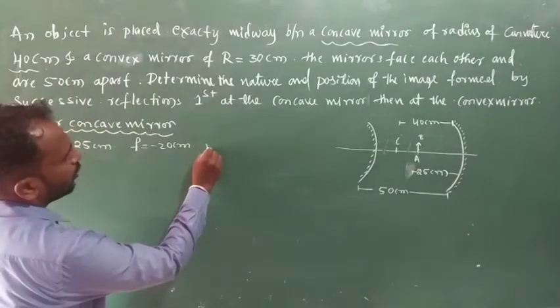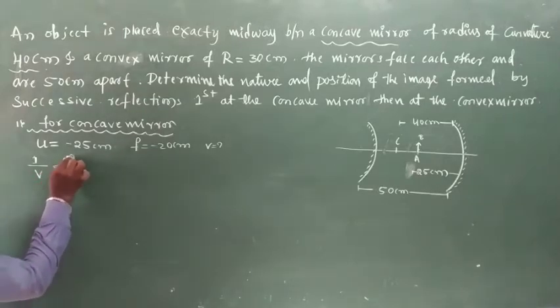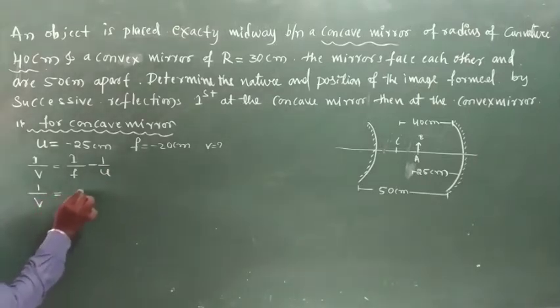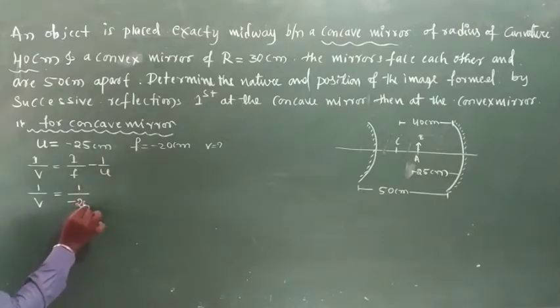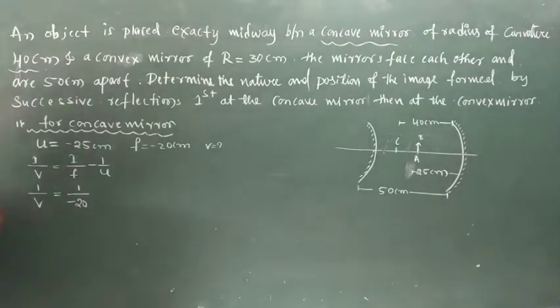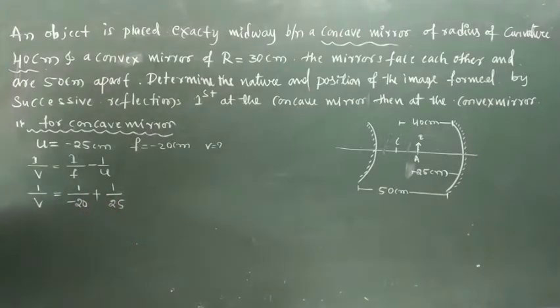We want to find the image distance v. Using the mirror equation, 1 by v is equal to 1 by f minus 1 by u, so 1 by v is equal to 1 divided by minus 20 minus 1 divided by minus 25. Minus into minus is a plus.